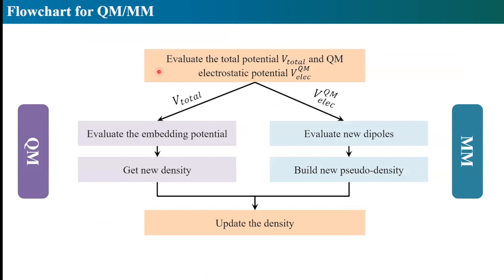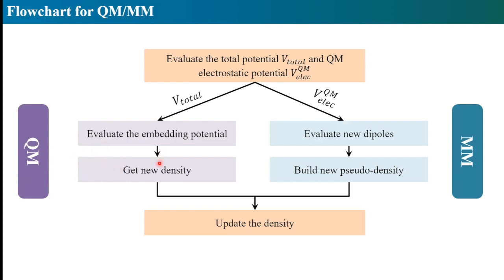first we need to evaluate the total potential and the QM electrostatic potential on the global grid. The QM subsystem will receive the total potential and evaluate the embedding potential. So the Hamiltonian equation gets a new density. Here there can be not only one subsystem we call QM. Actually, you can put many QM subsystems, just using regular subsystem DFT.